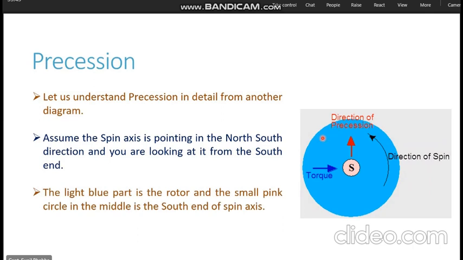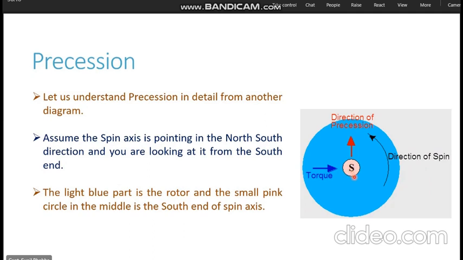The light blue part which you see here represents the rotor of our free gyroscope, and this pink color small circle represents the spin axis. Now the spin axis will be going into the screen and coming out from the screen towards you. That's how the orientation of the spin axis is.